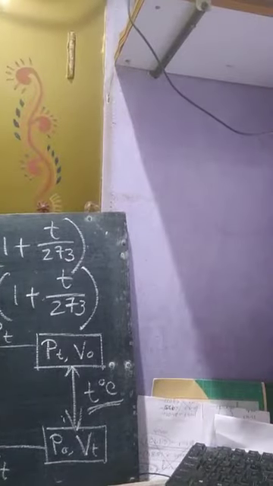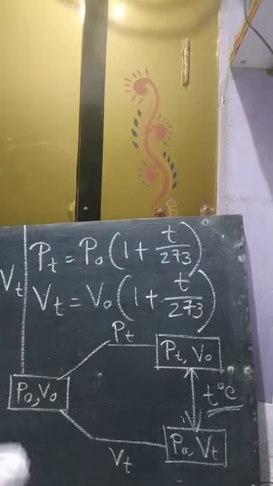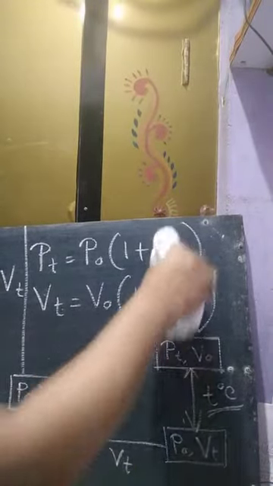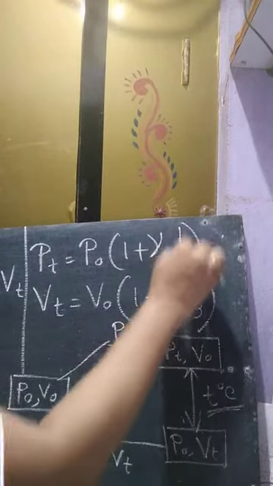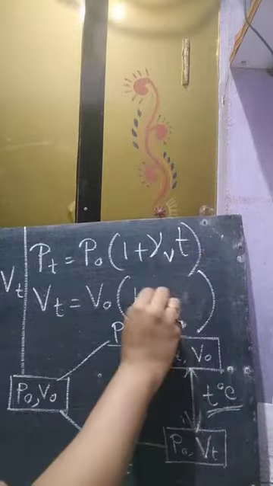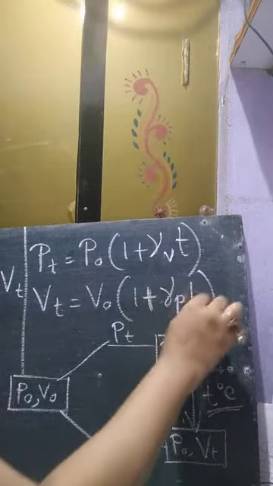One thing is that instead of this T by 273, we can write it as gamma V T, and this becomes gamma P T.